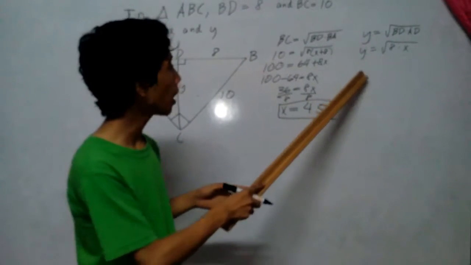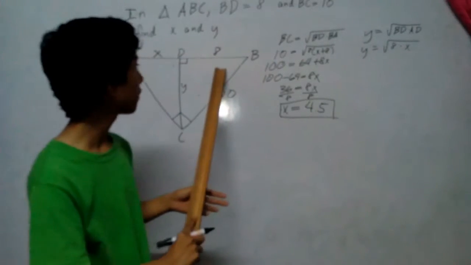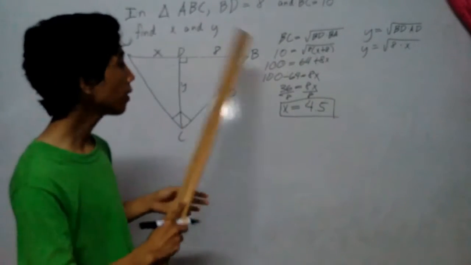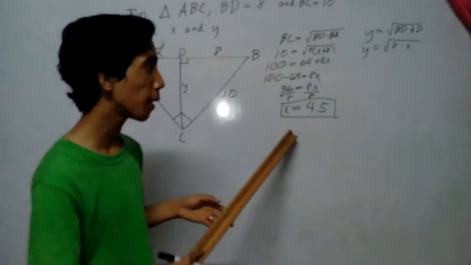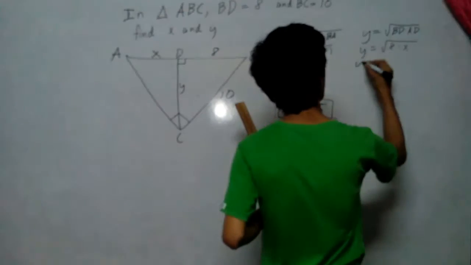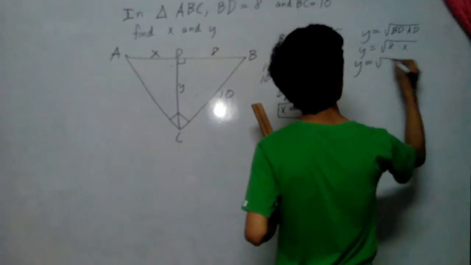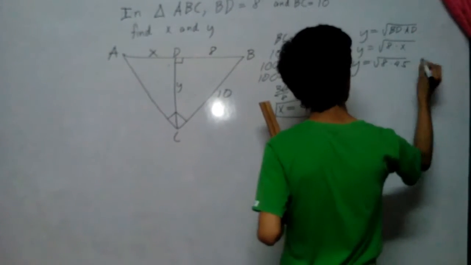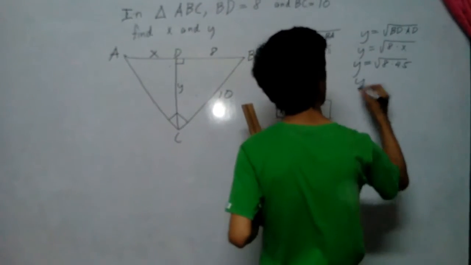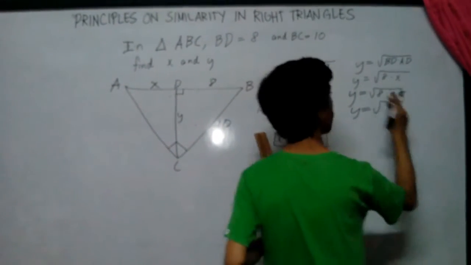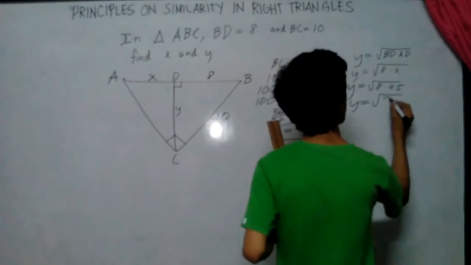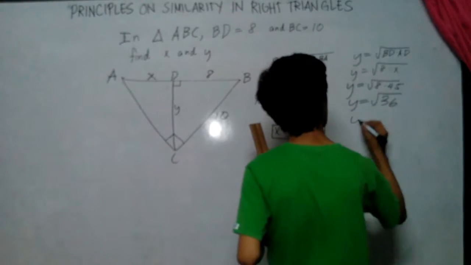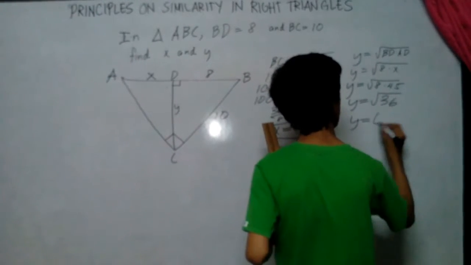This would be y is equal to the square root of 8 times x. Since x is equal to 4.5, y is equal to the square root of 8 times 4.5. Then y would be equal to the square root of 36. Then y would be equal to 6.